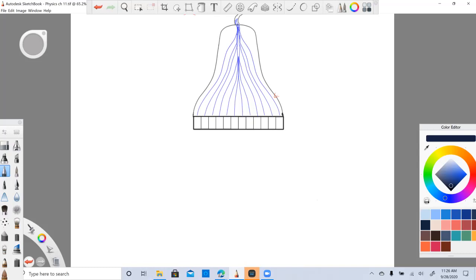And in order to do that, each one has to be completely isolated from the others. We're going to talk about that.